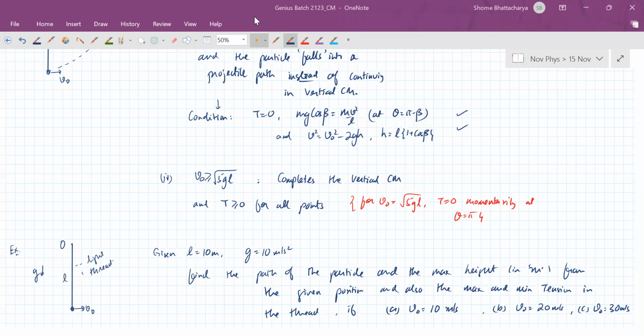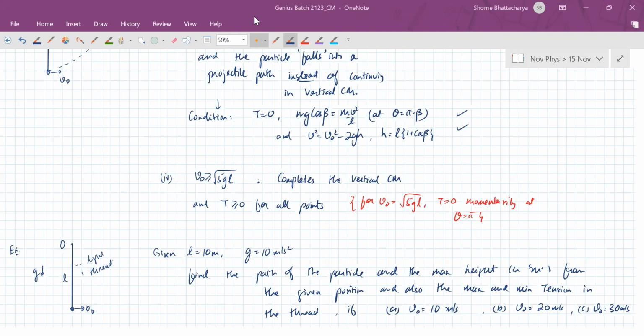Whereas in case B, what is happening? Your V naught is greater than root 2GL, but less than root 5GL. 20 is less than root 500, or 10 root 5, but greater than 10 root 2. So it's going to cross the 90-degree position, but somewhere the string will slacken. So the whole thing will come apart in that sense.